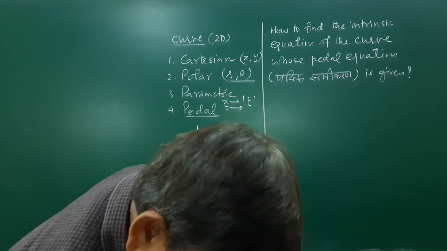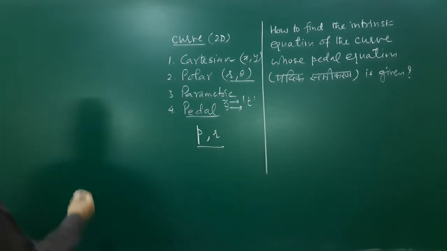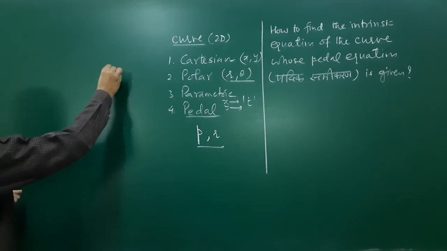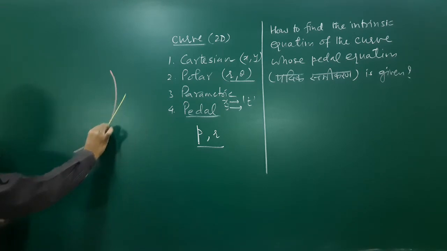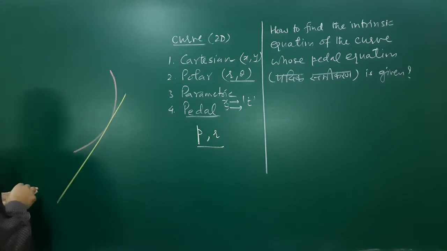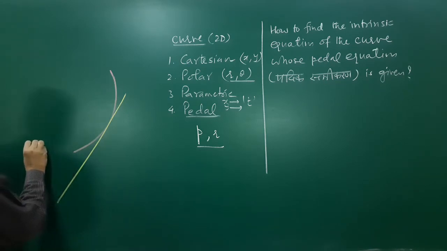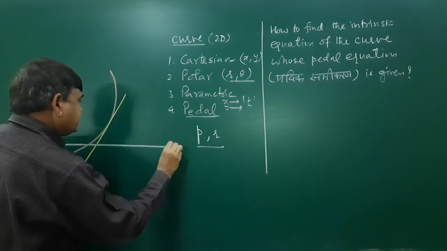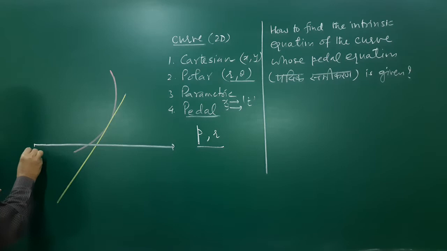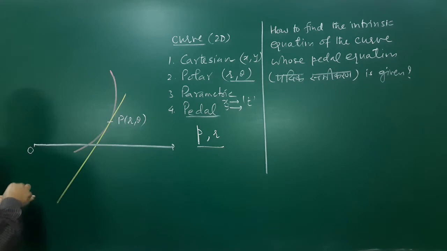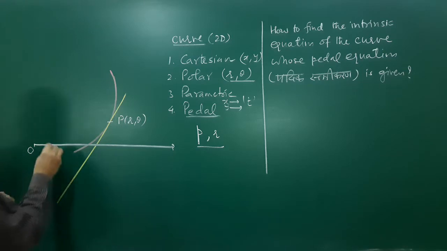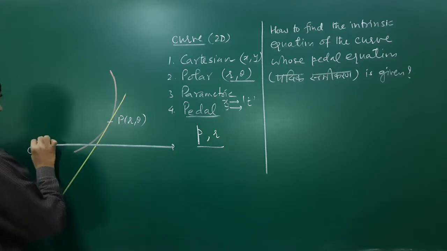What is p? People know that. This is the curve. This is the tangent. Initial line. P is the r theta coordinates, polar coordinates, and this is the radius vector.